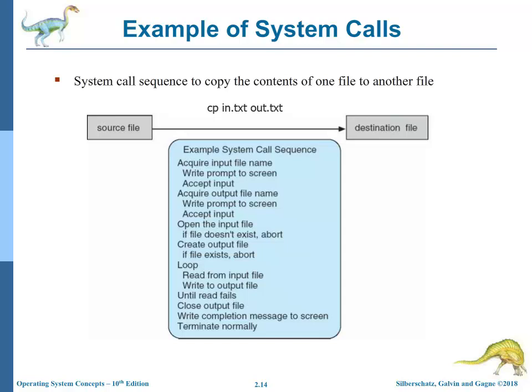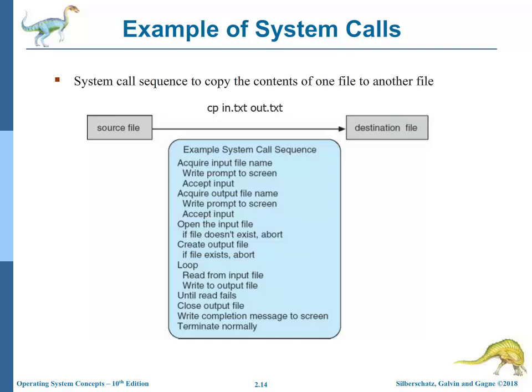Then we open the input file. If in.txt doesn't exist, we abort this command and output the error message. If it exists, we create the output file. If out.txt is not available, we abort this command.